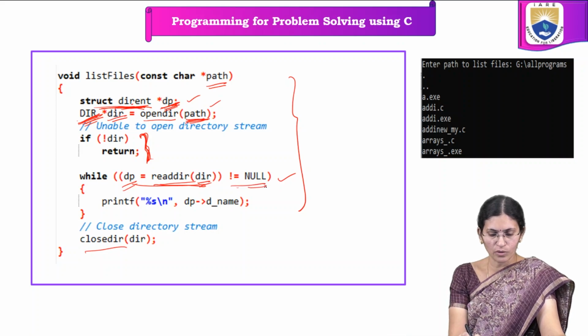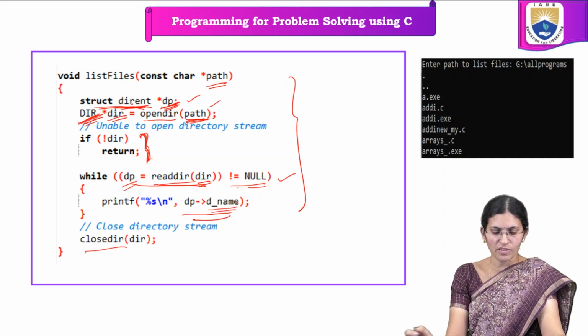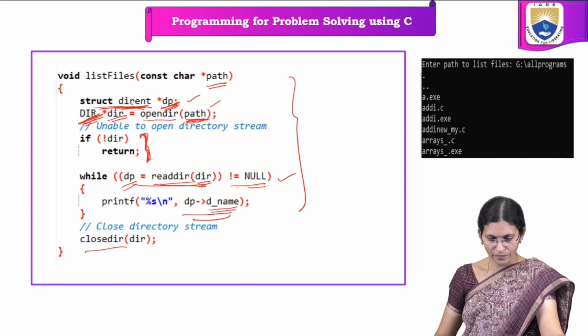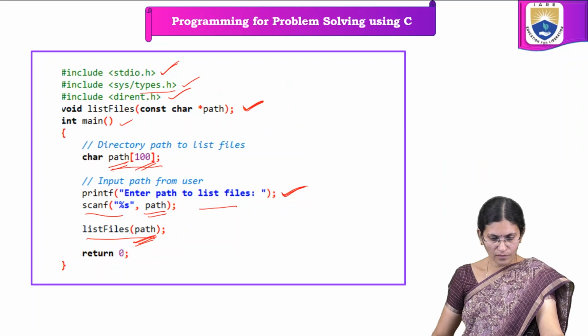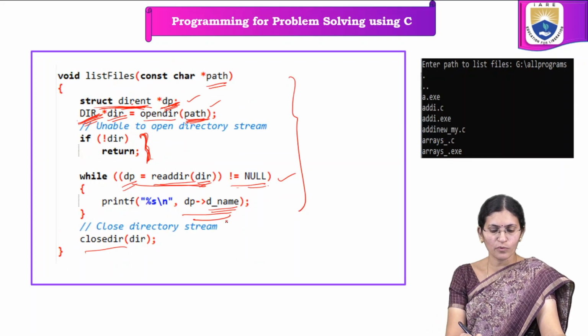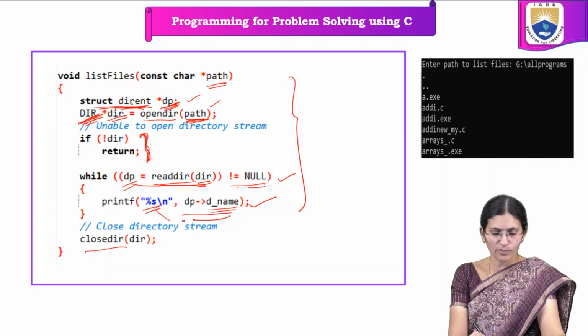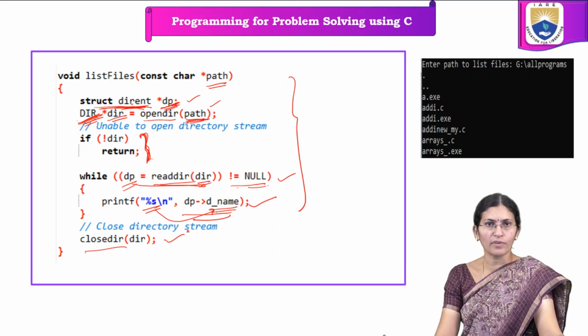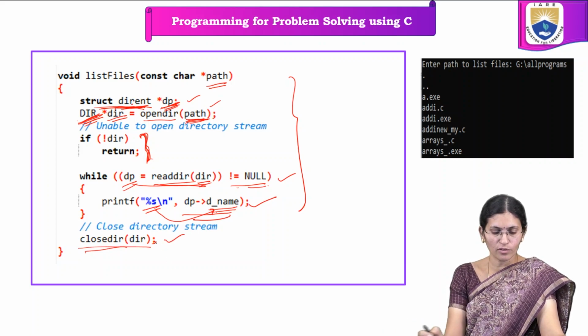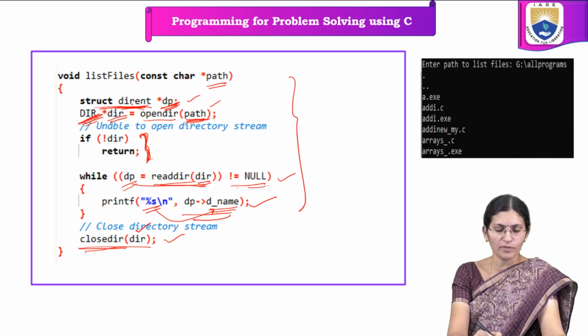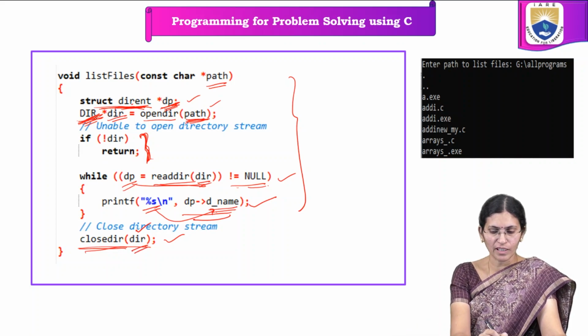If this is not equal to NULL, then dp specifies d_name. After the printf statement, the percent s specifies this value. After that we need to close the directory. In order to close the directory, we have the function closedir. It takes dir as the argument, which is a pointer variable of type DIR.